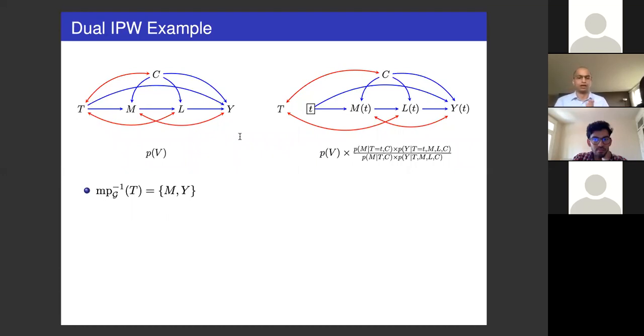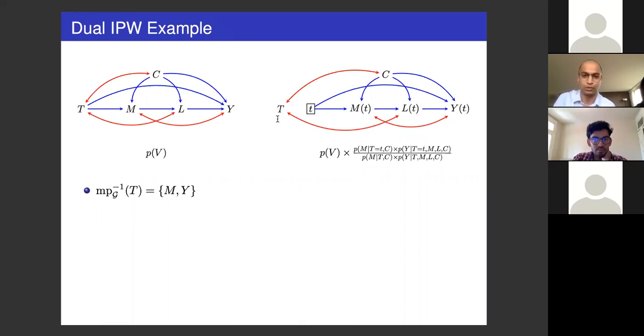Okay, so when you multiply this observed data distribution with the dual weights that we spoke about in the previous slide, what you end up with is basically the SWIG where you split the treatment node. You can see that there's a random portion of the treatment node and a portion of the treatment node that's now fixed at the value that you're interested in intervening to, or assigning the treatment to.